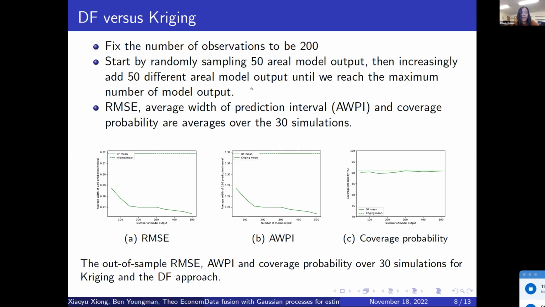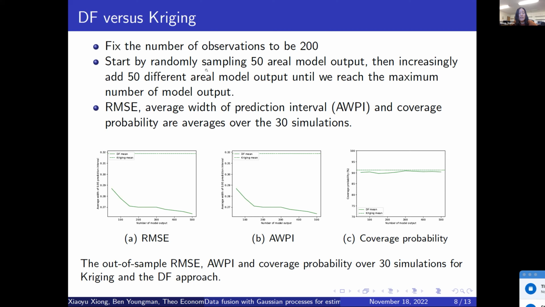In the simulation study, we also compare the results of the data fusion framework versus the Gaussian model. For the data fusion framework, we use both the observation data and the climate model output, and for the Gaussian model, we only use the observational data. We also tested the impact of the number of model outputs on the data fusion framework. We fixed the number of observations to be 200.